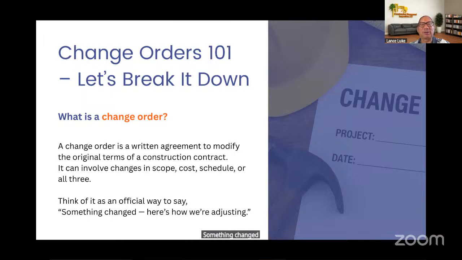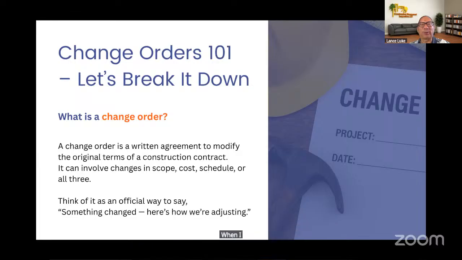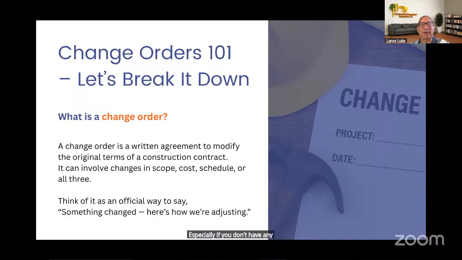Now notice that I use the word written. When I said a change order is a written agreement, it could also be a verbal agreement, but verbal agreements usually don't hold up that well, especially if you don't have any written documentation.